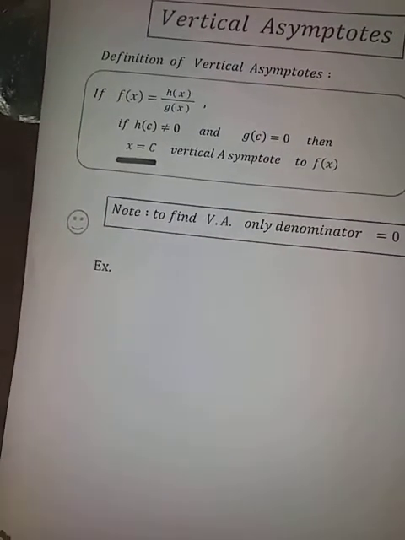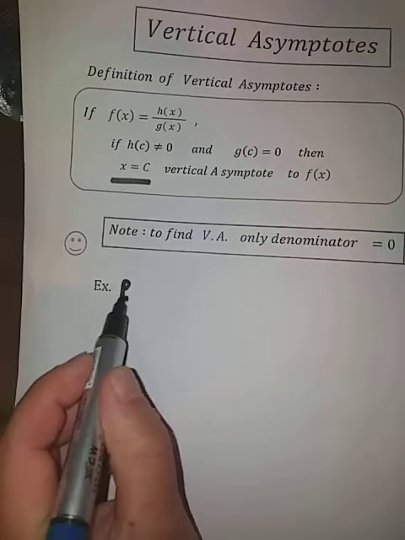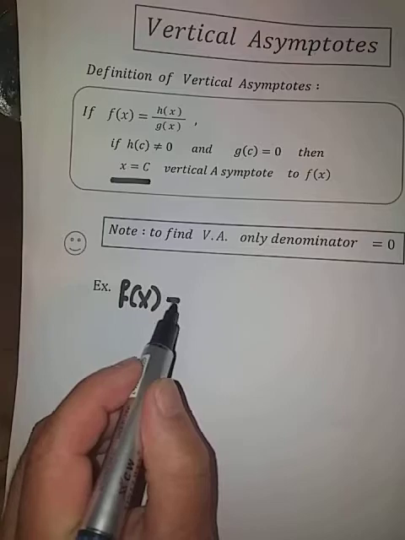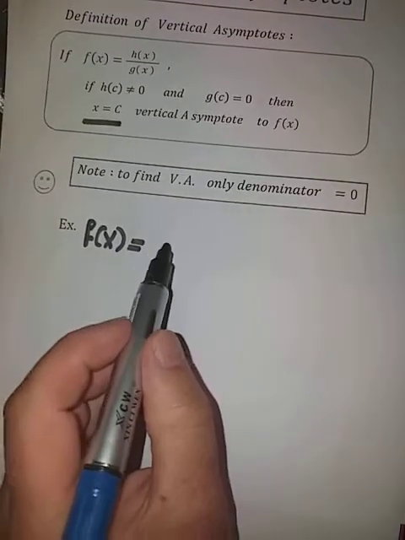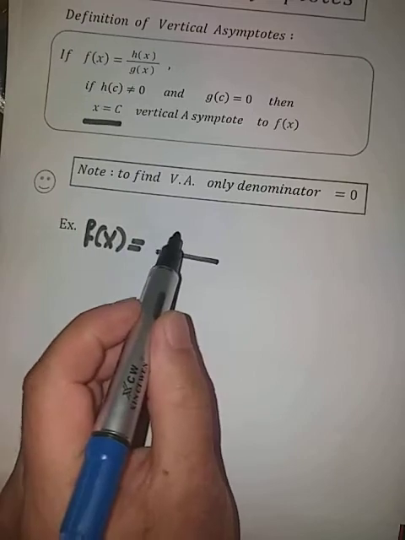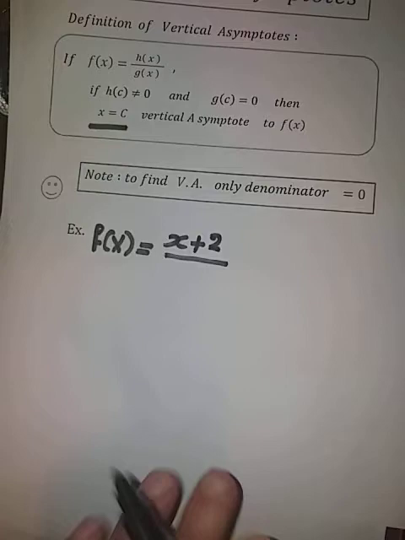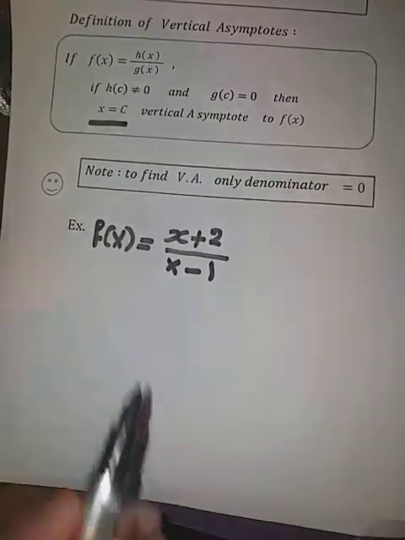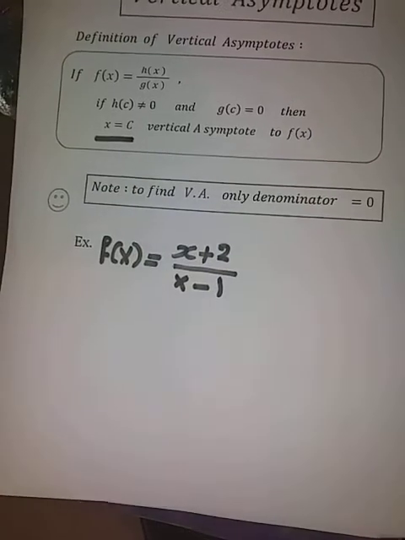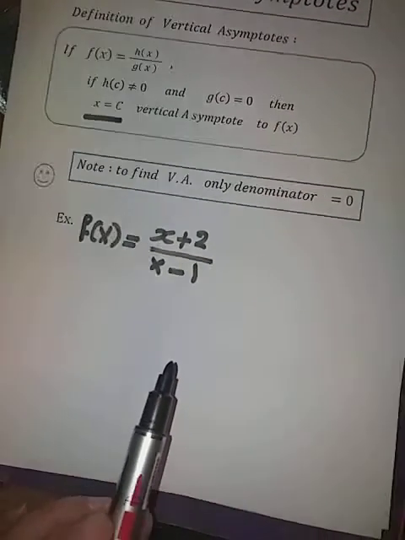Example. We have f of x equal to x plus 2 over x minus 1. What's the vertical asymptote?